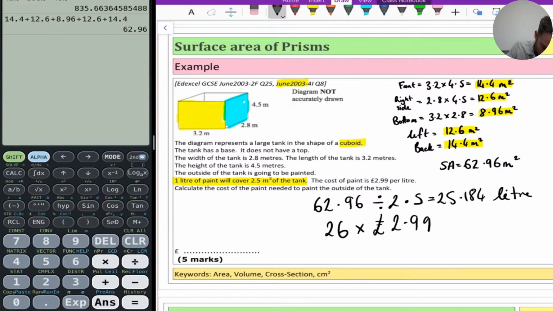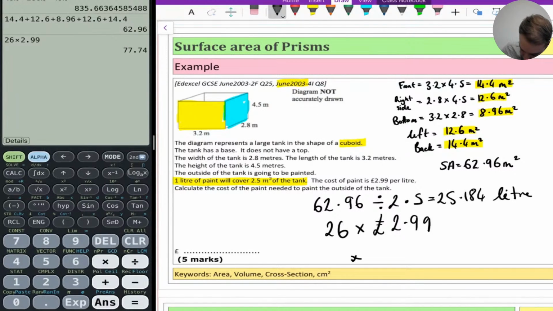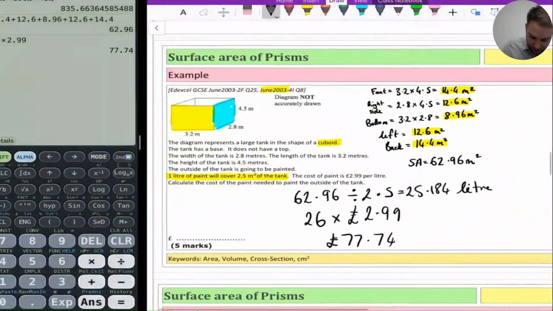So 26 times £2.99 is equal to £77.74. Brilliant. Well done to anybody who had a go at that and got it right. Very impressive. Give you a second to get that down if you need to.